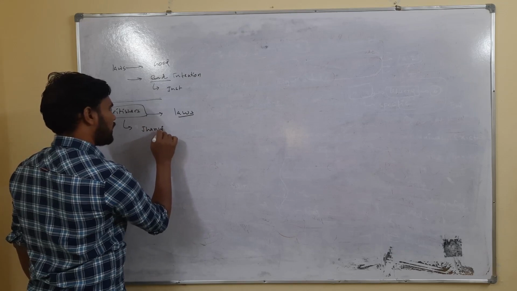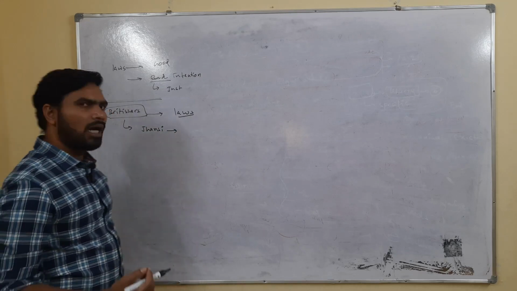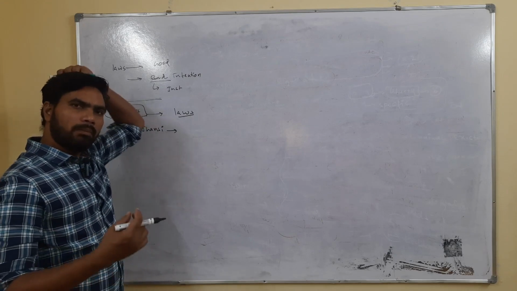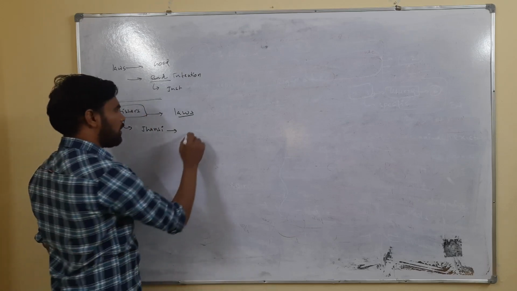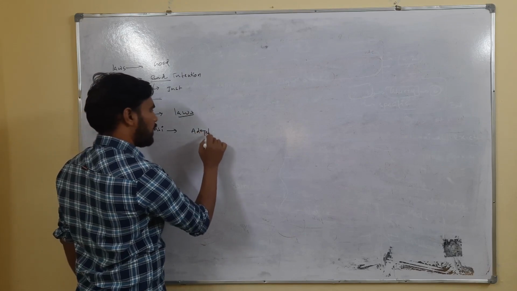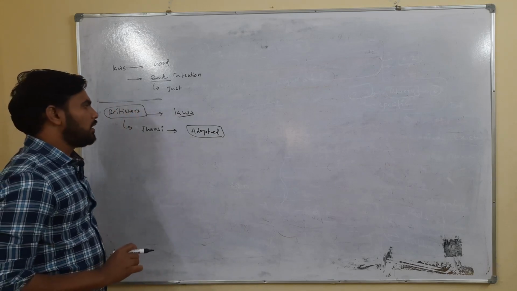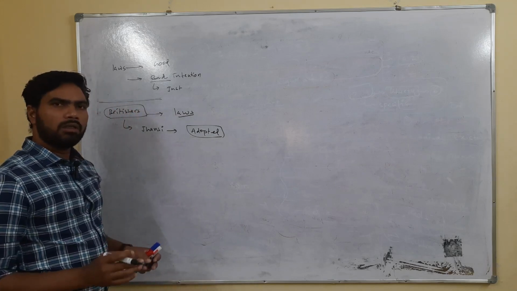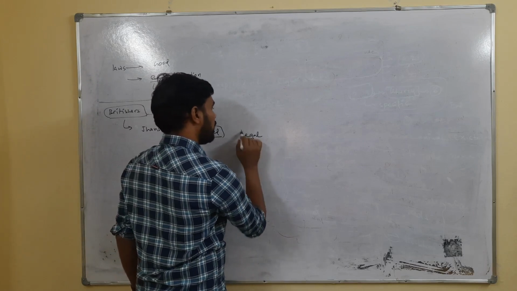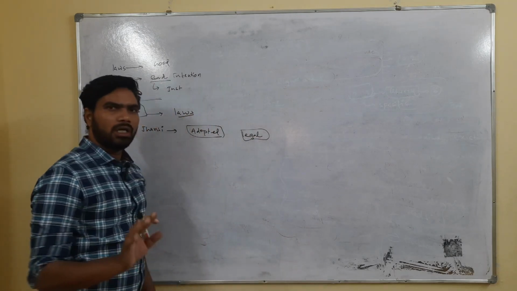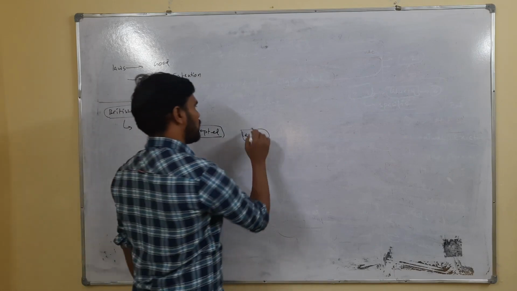What happened in our case? Her husband has died. She did not have any biological male child, son, that too biological male son. So she has adopted a child. And the Britishers have said that look, your adopted son is not a legal heir, because the child is not your biological son.